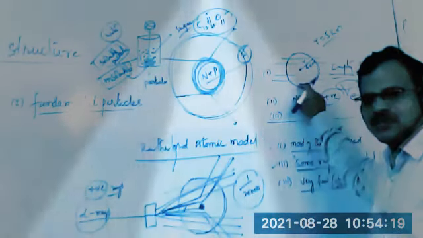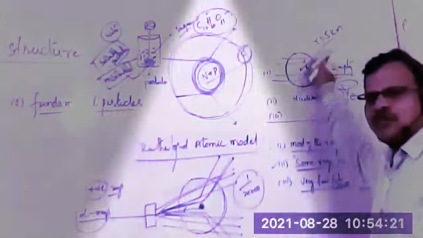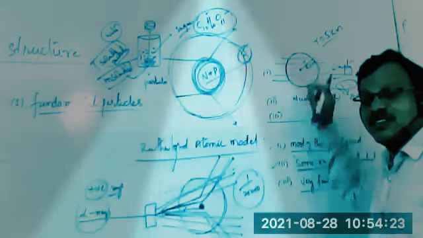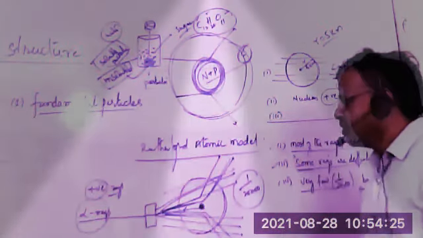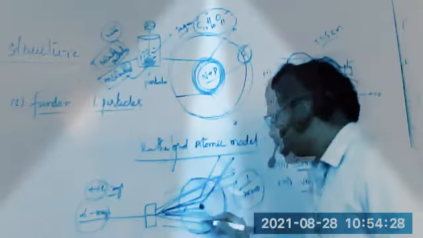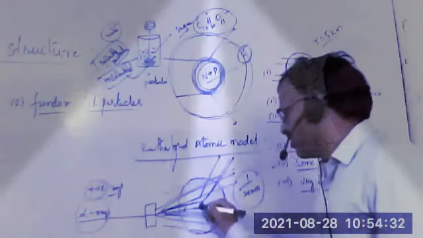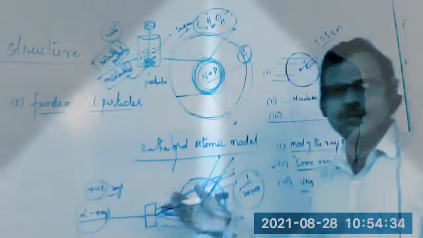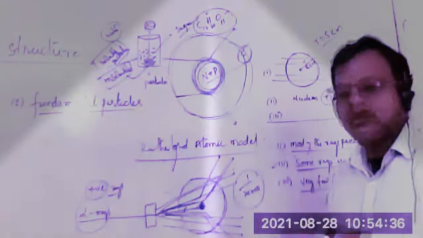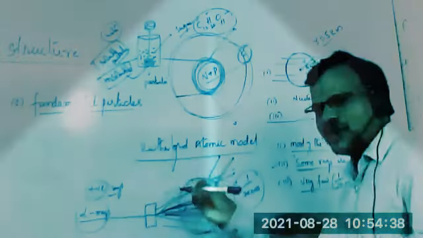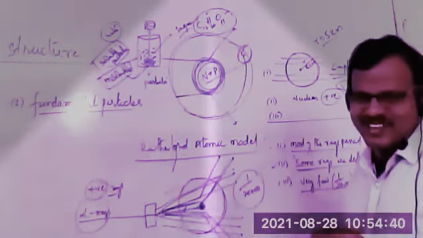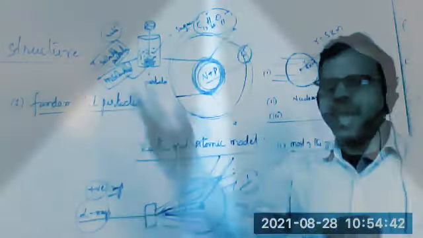According to Rutherford, it is a small ball of 5 kilometers radius, that much smaller. That means one alpha ray can coincide with this nucleus and strike. Therefore, it is positive and the alpha ray is also positive, so it does not get a chance to pass through the nucleus, and it bounces back.